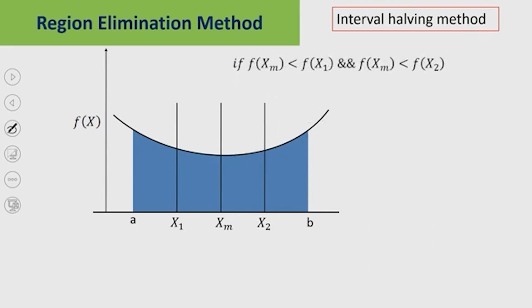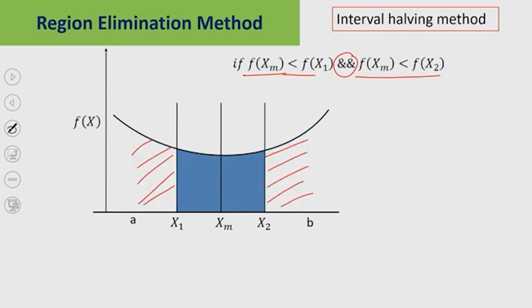Now, if f of xm is less than f of x1, and at the same time f of xm is also less than f of x2, in that case optima is not there in these particular areas, so I can eliminate these areas. Therefore, we are checking 3 conditions here.